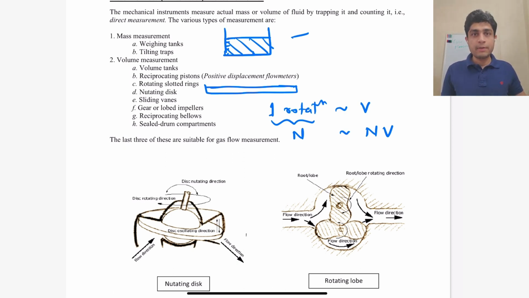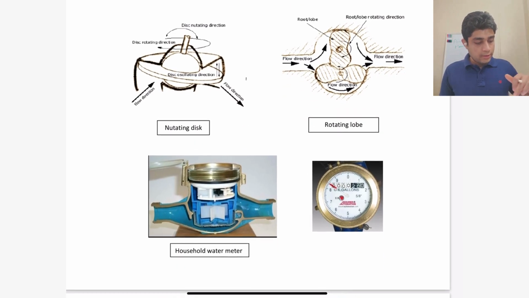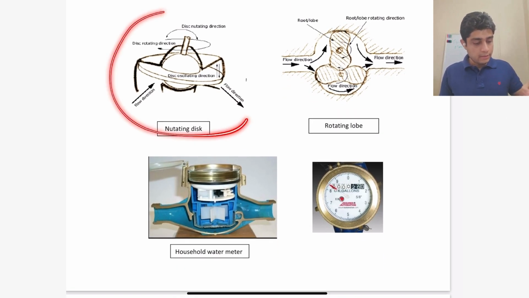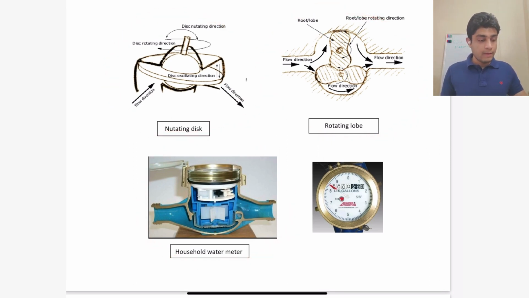So the basic principle for positive displacement flow meters is that you trap a fixed amount of fluid and you count it. So these are basically typical geometries of these devices which trap the fluid. So first one is here a nutating disc.